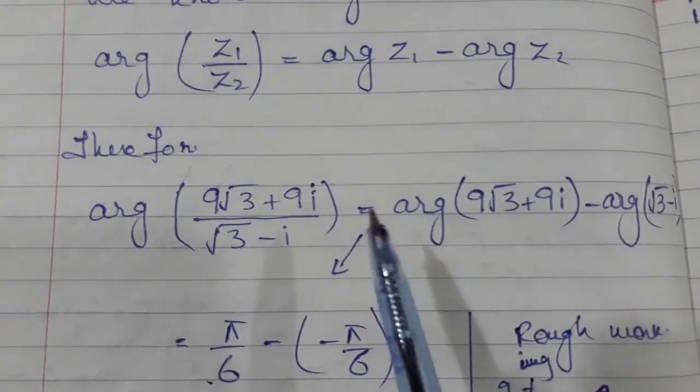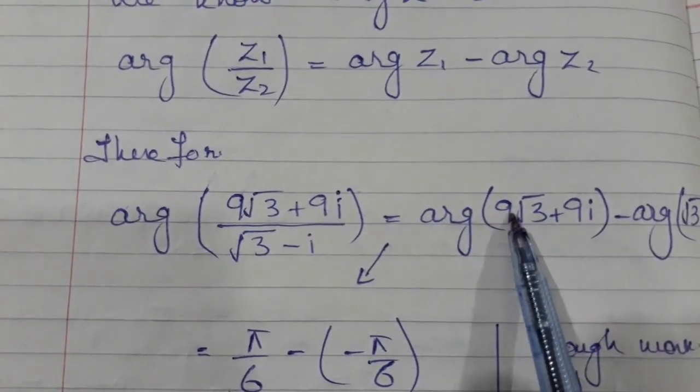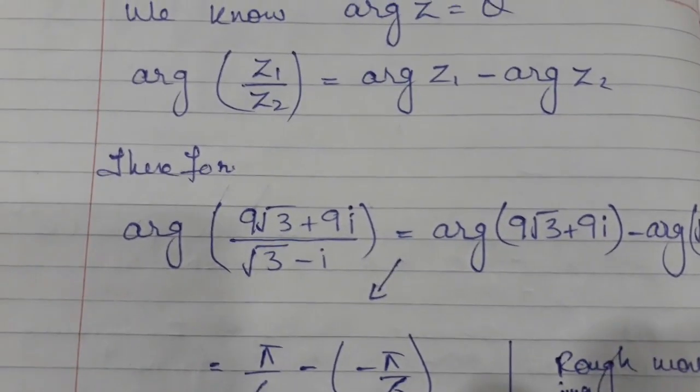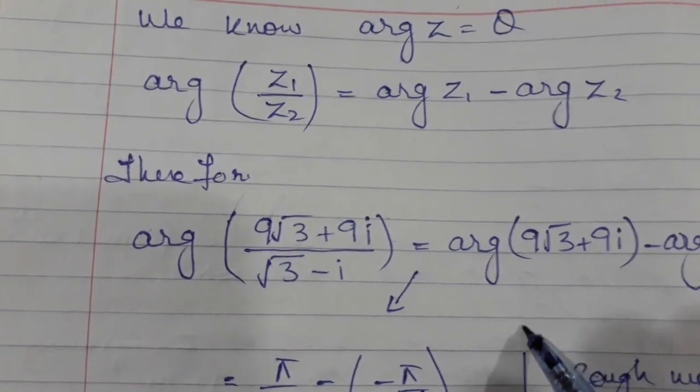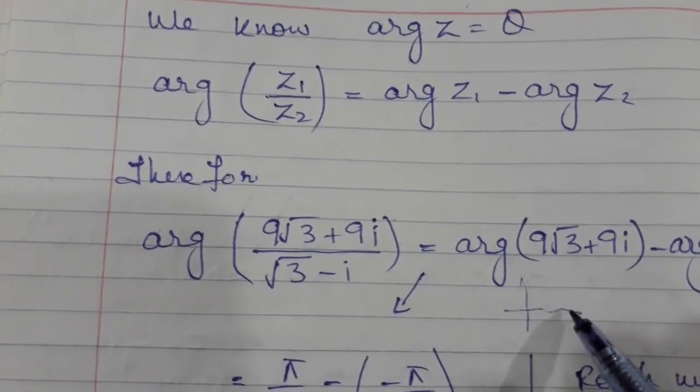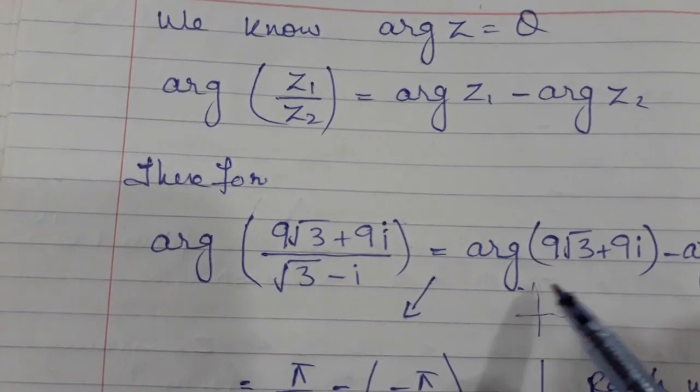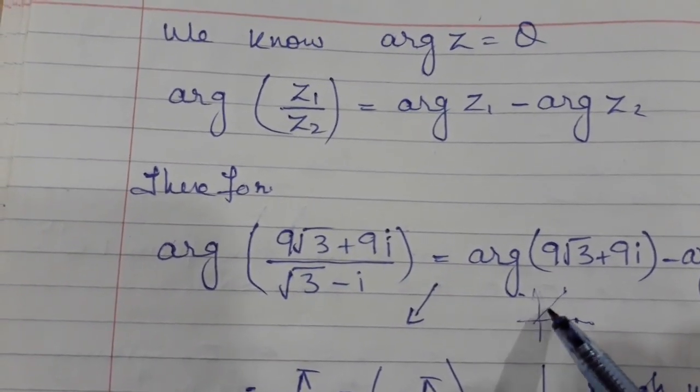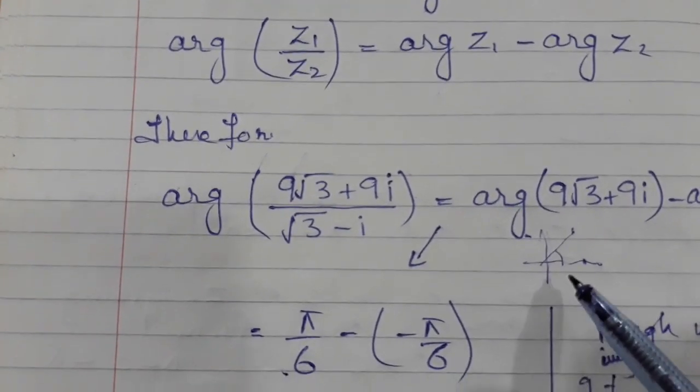Now, argument of z1 is a theta. This is your x-axis and this is your y-axis. So if you remember, when we mark a point, suppose this is 9 root 3 and this is 9, so the point is here.